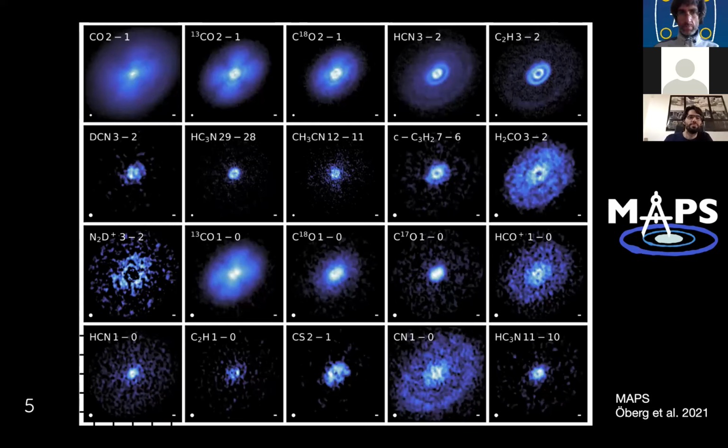Before, we didn't have such high resolution to resolve the gas structures, but last September, the wonderful ALMA large program MAPS came out. They targeted 5 sources at very high resolution, as high as DSHARP, to look at the substructures in chemical line emissions.